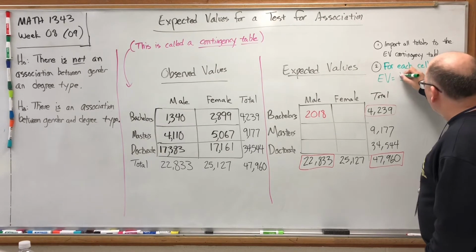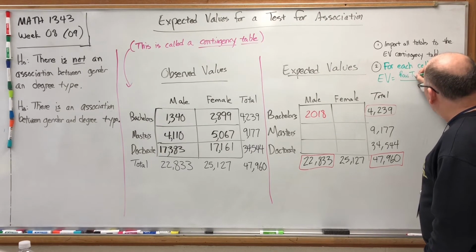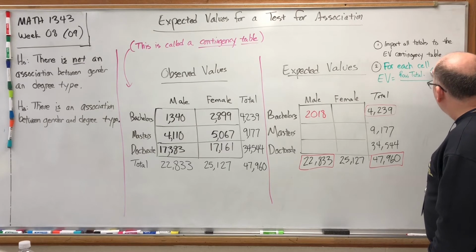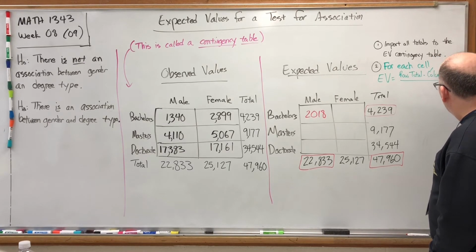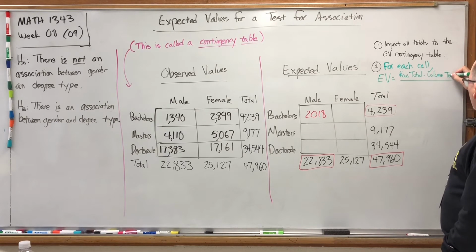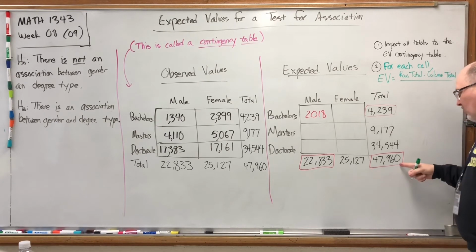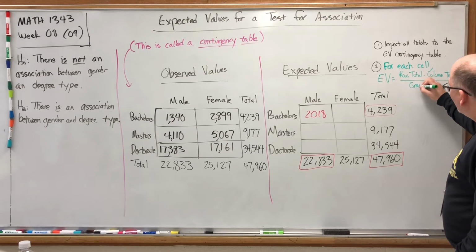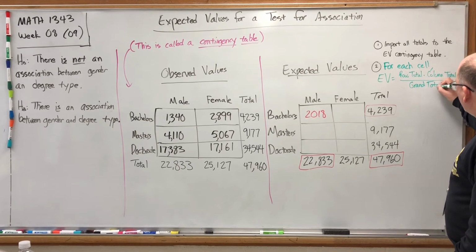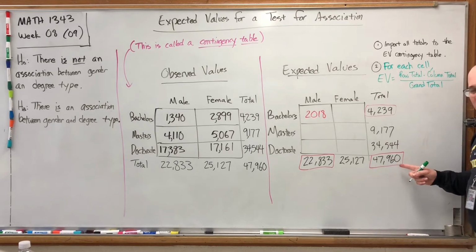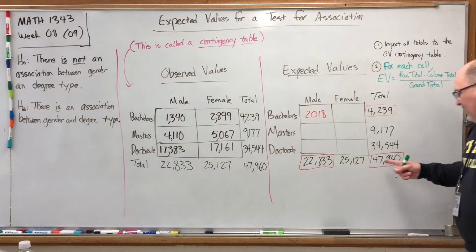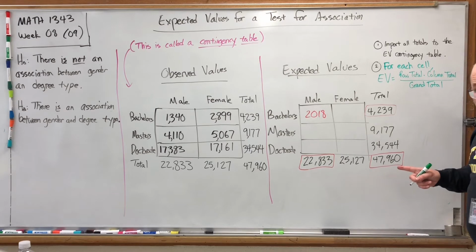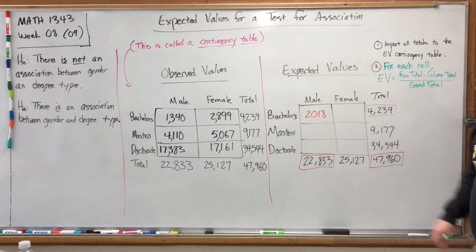It is the row total times the column total, divided by the grand total, but honestly this is our sample size. I'm going to write grand total, but most books would say the sample size. Out of a sample of 47,960 students, we saw all that, but we'll say grand total. I'm going to write that up here.